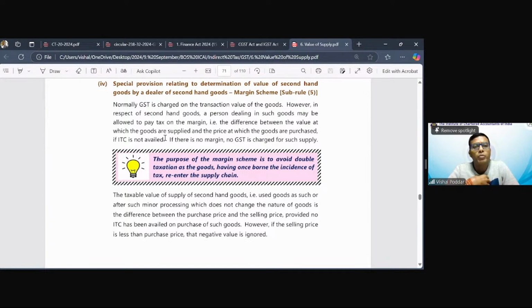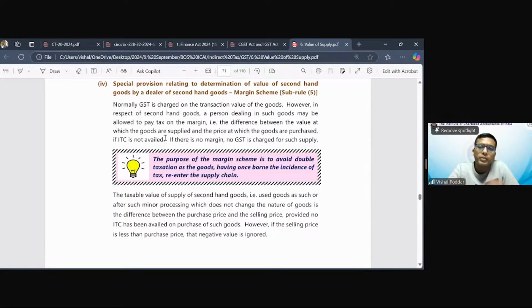Many times, these people purchase the second-hand goods from individuals. Let us say I have been using a car for 2 years. Now I want to upgrade to a different model, so I'll sell this car to a normal person. Since I'm an individual, I don't have to pay GST. So the purchases they make from me are without GST. That is, they do not have any input GST which they can claim as ITC.